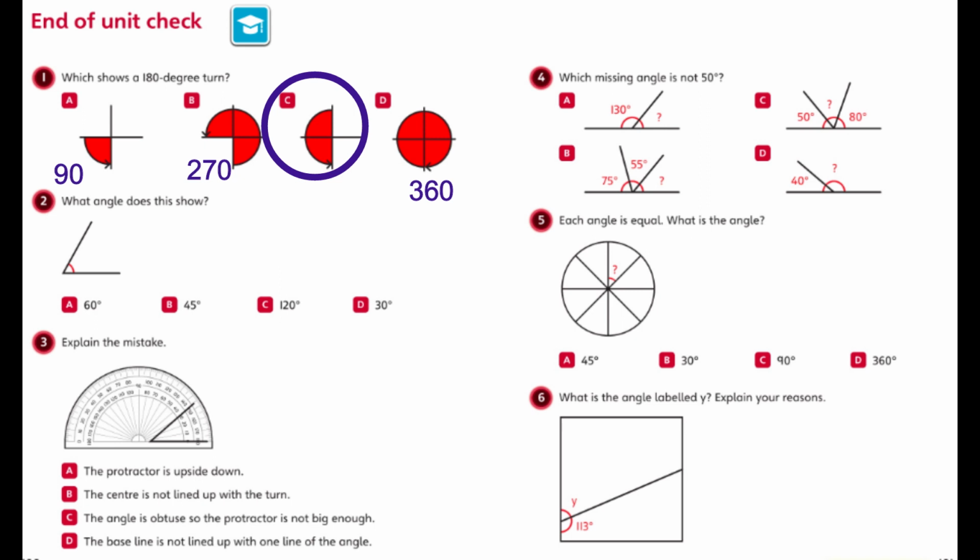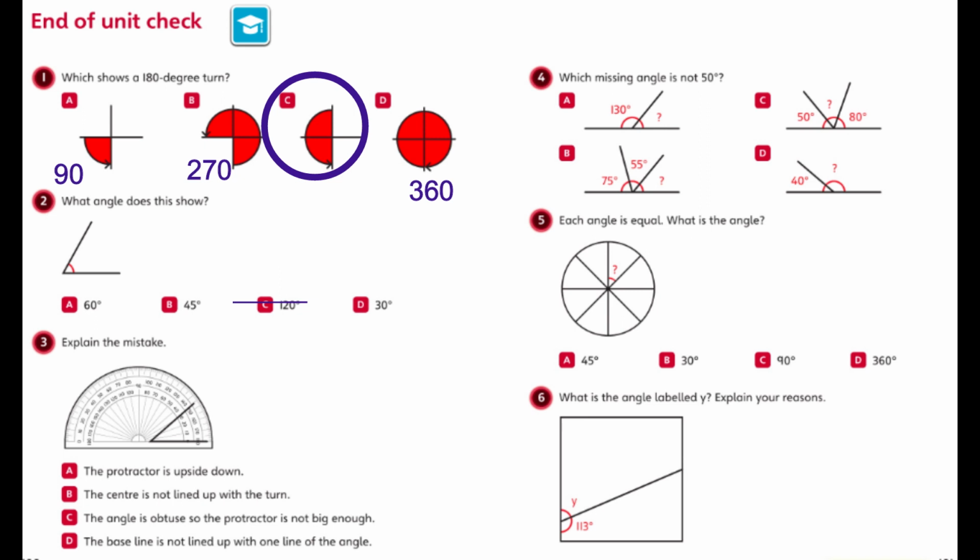What angle does this show? Well, you can't really put your protractor to the screen, so what I'm going to do is put my protractor up there in a moment. First, I want you to cross out 2 answers that you know cannot be right. Which ones did you select? Well, the most obviously wrong angle was C, 120 degrees, because that is an obtuse measurement, and this angle is clearly acute.